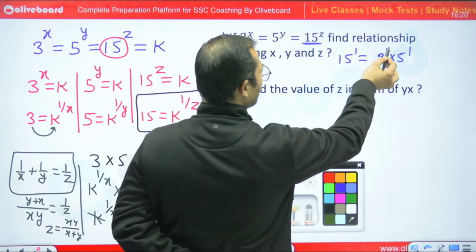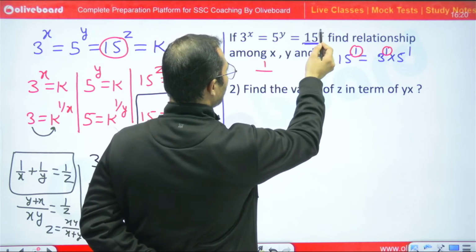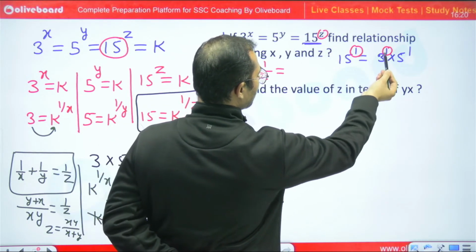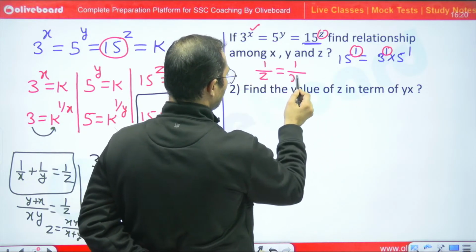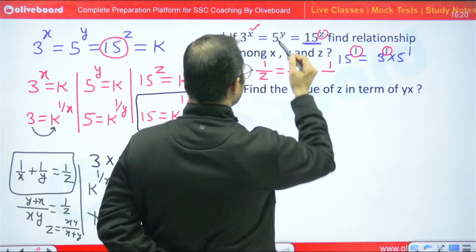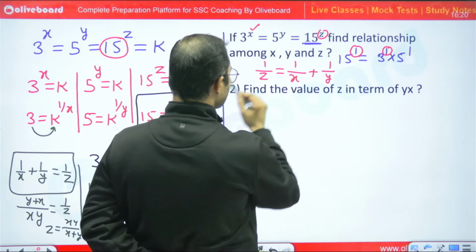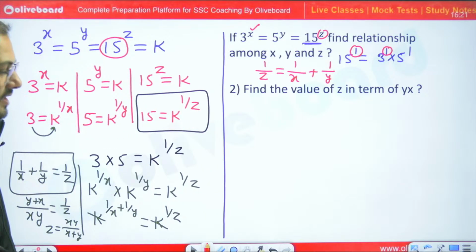See, here the power of 15 is 1 and the variable power of 15 is z. So 1 upon z is equal to, here the power of 3 is 1 and the variable power of 3 is x, then plus the power of 5 is 1 and the variable power of 5 is y. So we can say that the relationship between x, y, z is 1 upon z is equal to 1 upon x plus 1 upon y.